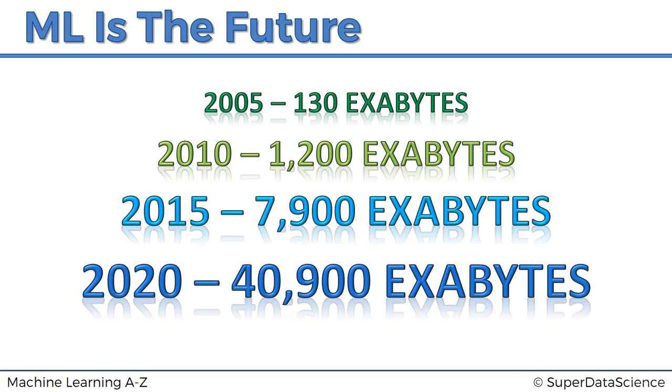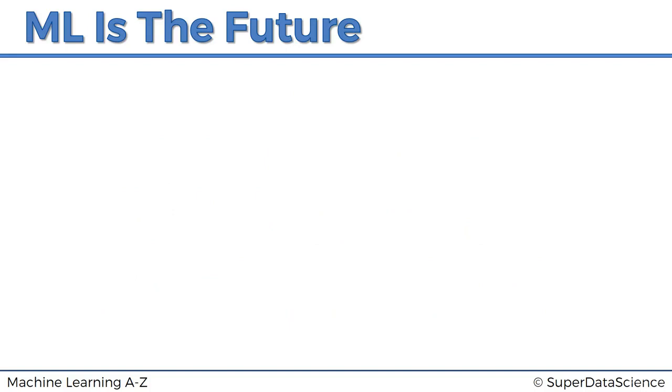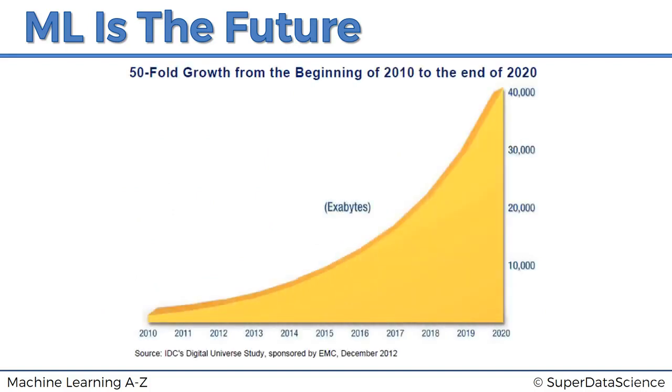As you can imagine, these numbers are astonishing, but what's even more astonishing is the exponential growth of data that we're seeing. And if you visualize it, it will look something like this. This is the reality that we live in, how quickly data is growing every single year.